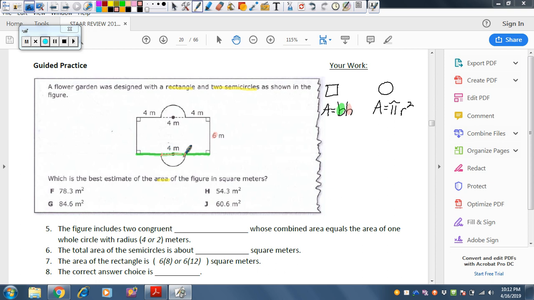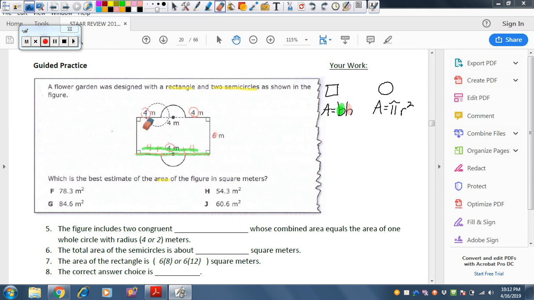Well, from here to here is 4. From here to here is 4. And from here to here is also 4. So you're going to have to add all these up. Whatever all this 4 plus 4 plus 4 is, that's B.